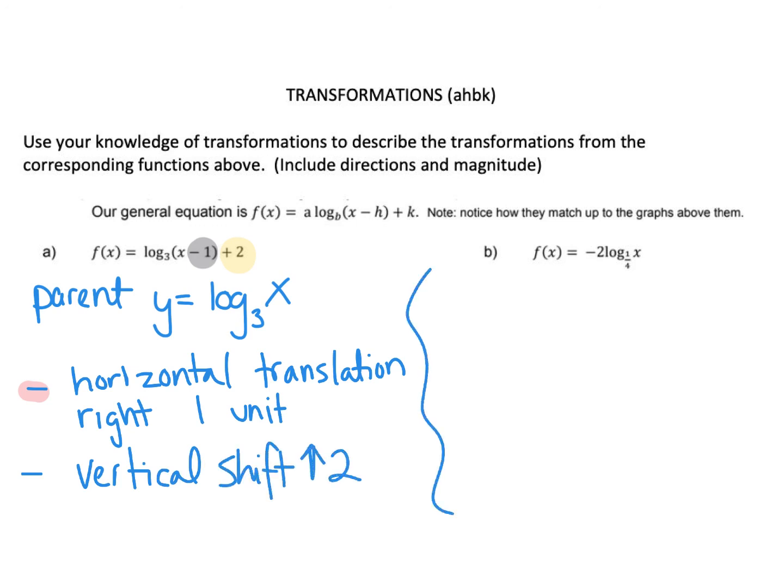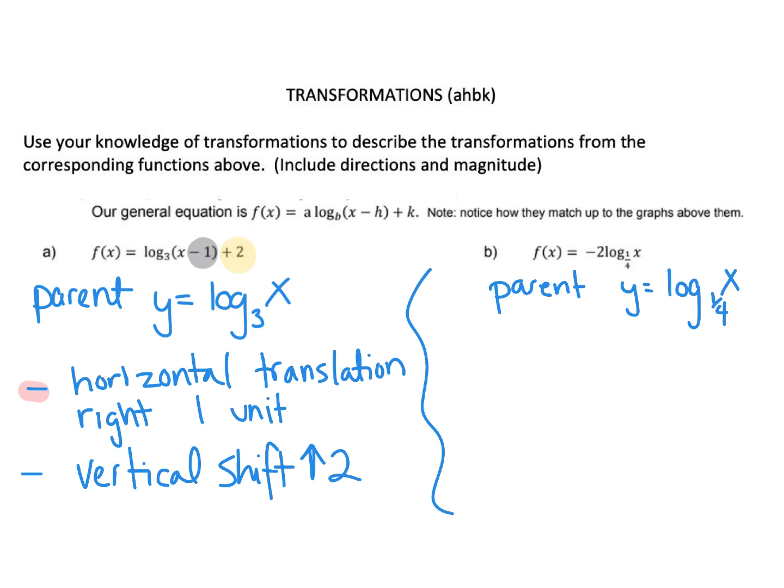All right. The next one, again, if you think about the parent function here, this would be y equals log base 1/4 of x. Okay, so we actually just graphed this parent function above, and similarly, previously I graphed the one you saw in part A. So how would this transform our parent function from before?